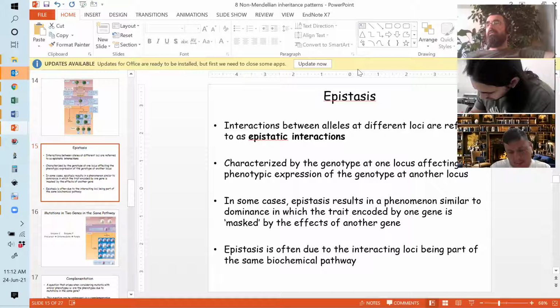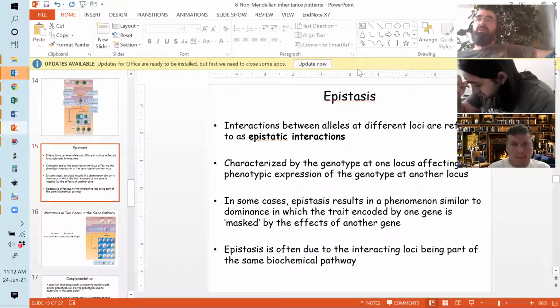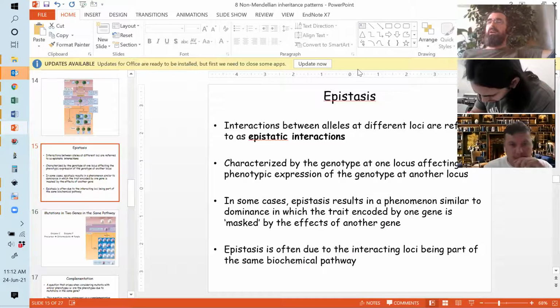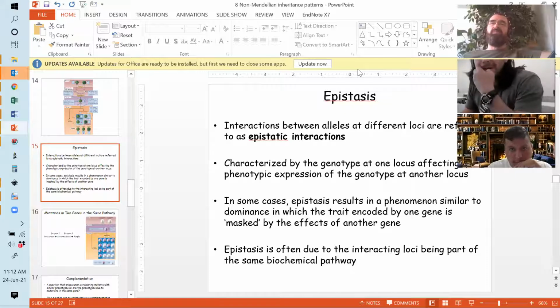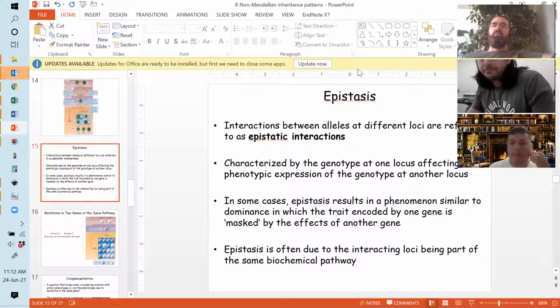You also have many genes controlling the production of that. You have proteins which control the import of that pigment into the hair follicles or the fur follicles. And so if you have a mutation in any of those different genes, you're going to affect the outcome of that entire pathway. And that's really what epistasis is all about.